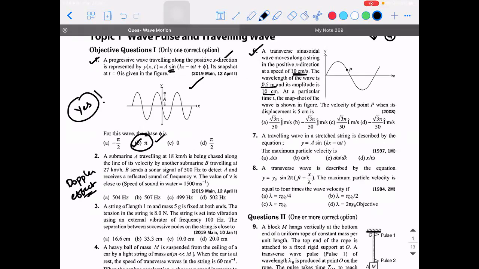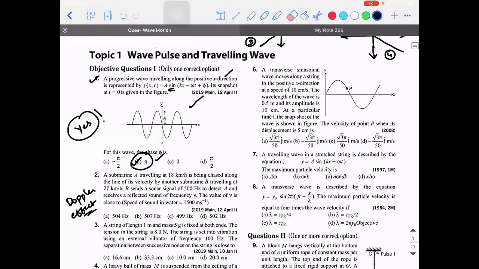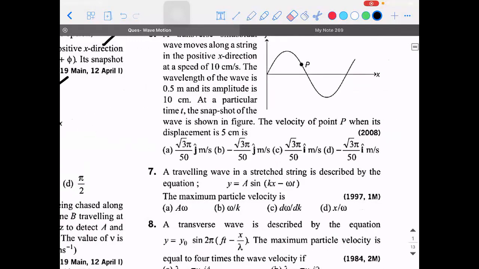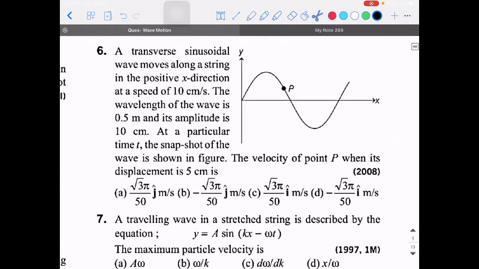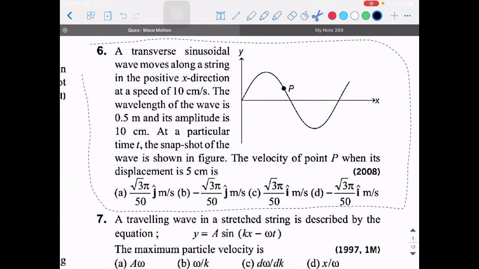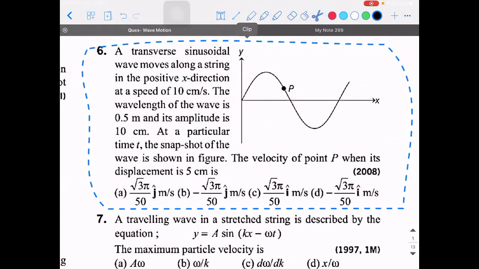The velocity of the point P when its displacement is 5 centimeter is how much? Let me copy this question. You guys can read it again. It's actually a good question.